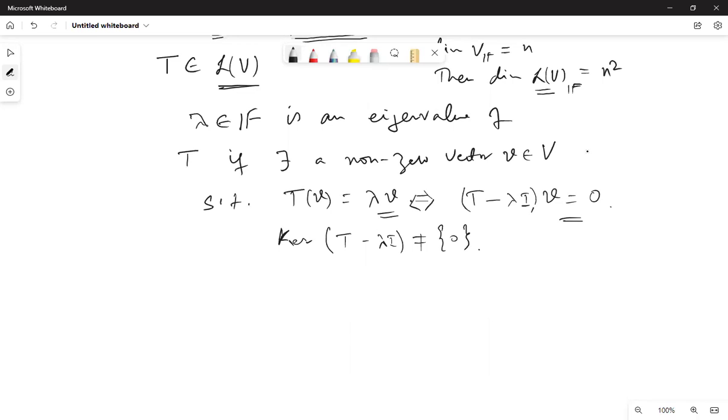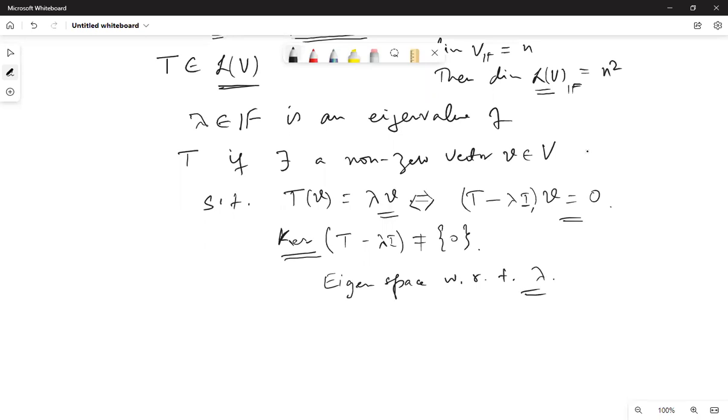And the kernel of T minus lambda I is also known as the eigenspace with respect to eigenvalue lambda.